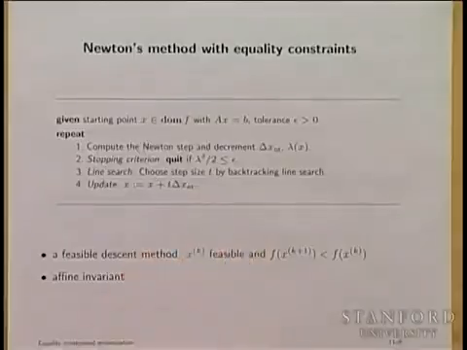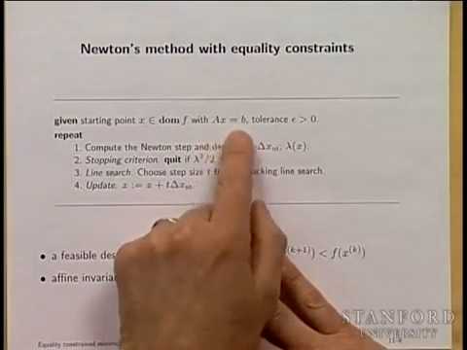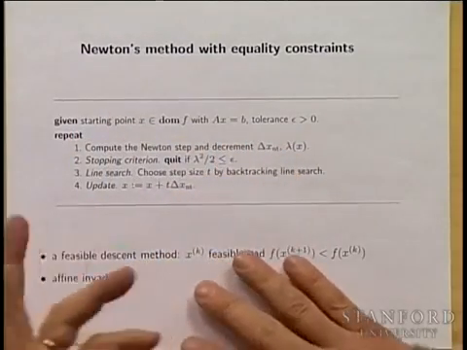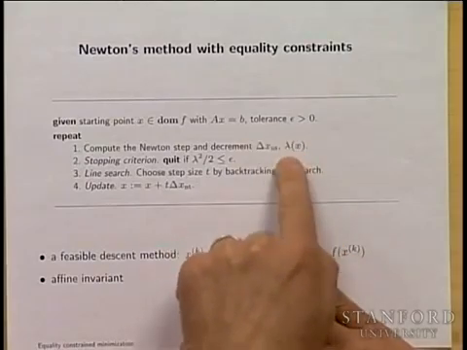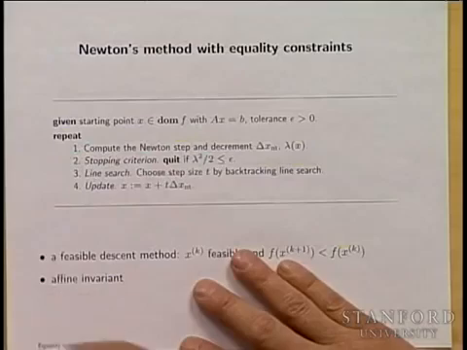Then let me just say what Newton's method is for equality constraints. It's very, very simple. You start with a point that satisfies Ax equals b, and it's in the domain of f. You compute the Newton step and the Newton decrement. You quit if the Newton decrement is small enough. Otherwise, you do a line search. Backtracking is fine.